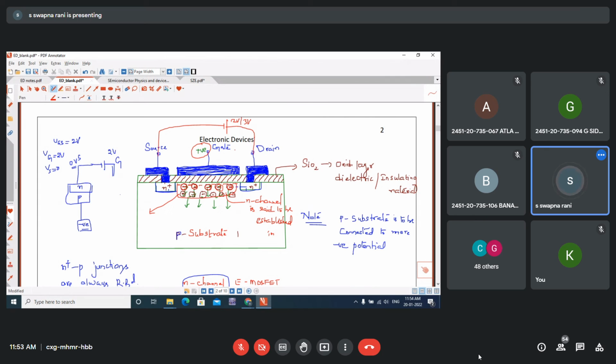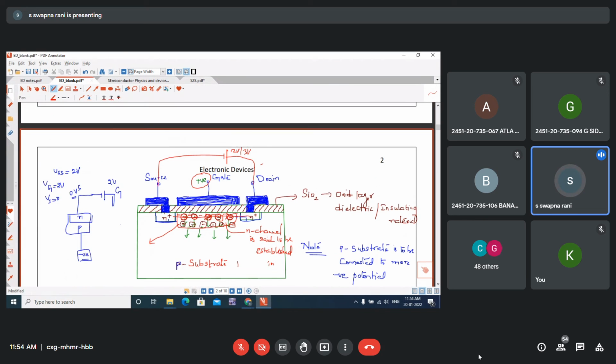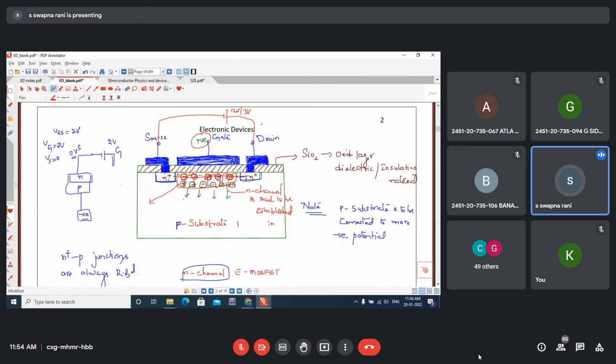Now if you give some drain voltage, the electrons from the source will move through this n-type channel and reach the drain. Like this, some drain current is established in the E MOSFET. It is called enhancement MOSFET because the channel which was not there at the time of construction was established.